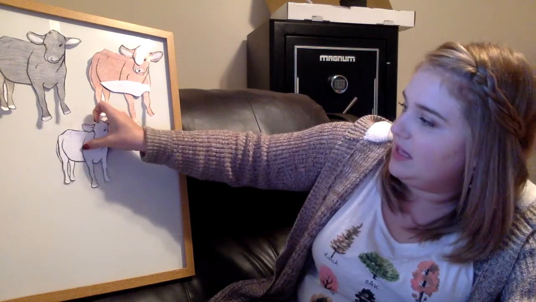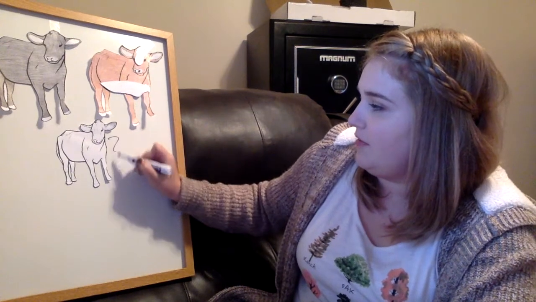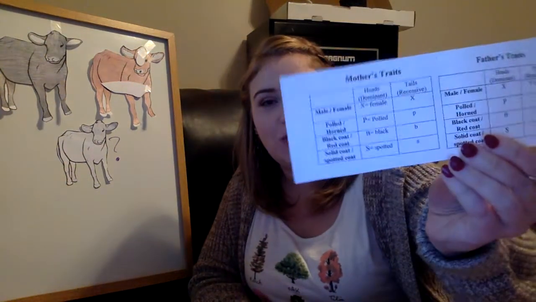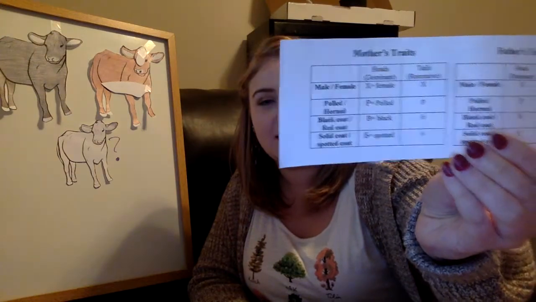We're going to figure out what characteristics he's going to inherit from both his mother and his father. So we're going to find out what baby calf is. Okay, and I have a little chart here that's going to tell us what we get because, you know, genetics is up to chance. So we're going to flip a coin to determine each of our baby calf's traits.